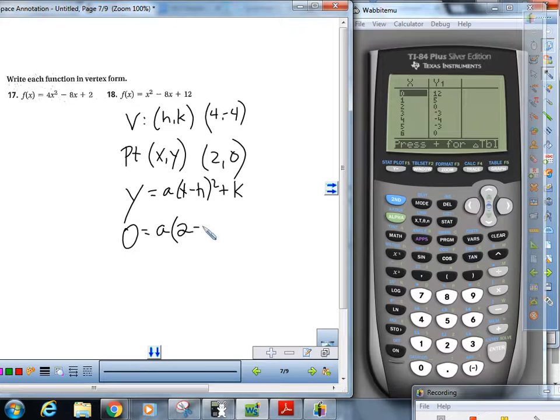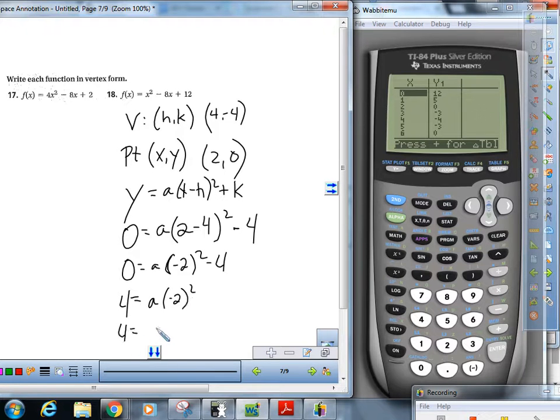Minus h is 4 squared plus a negative 4. We'll just write that as minus 4. Okay, so 0 equals a times negative 2 squared minus 4. Add 4 to both sides. 4 equals a times negative 2 squared. 4 equals 4a.